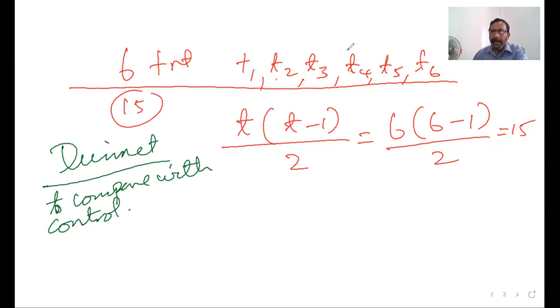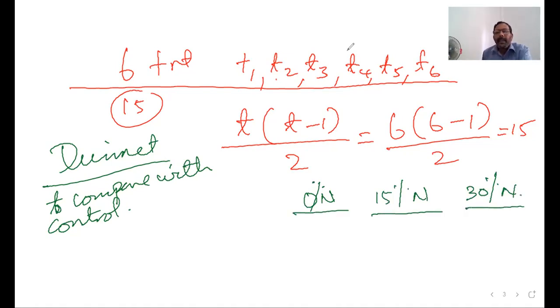Now, sometimes we cannot say no treatment. I have an experiment: 0% nitrogen, 15% nitrogen, 30% nitrogen. If you measure the yield, can we say 0% nitrogen yield is better than 15% or 30% nitrogen?